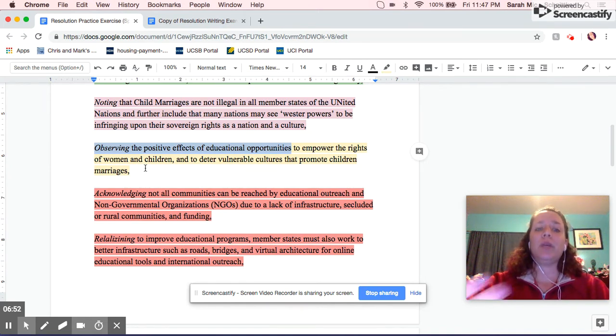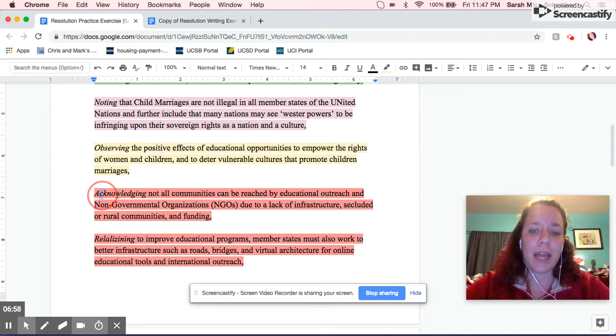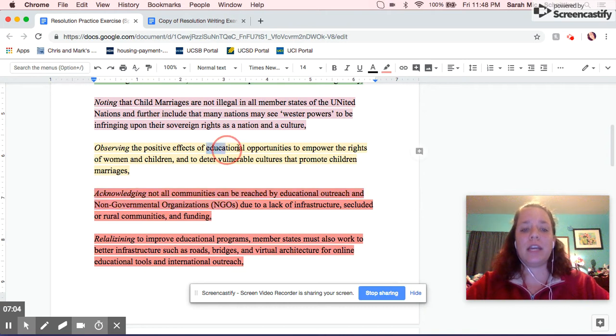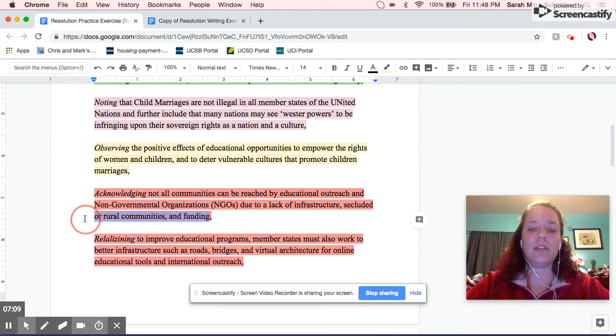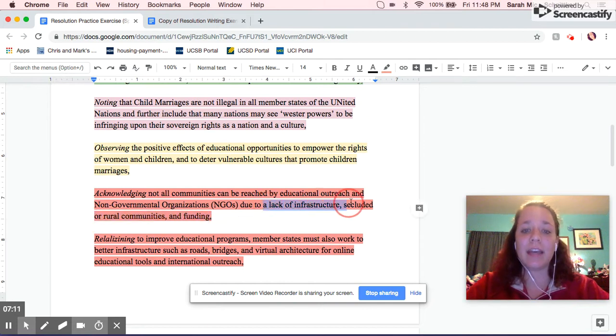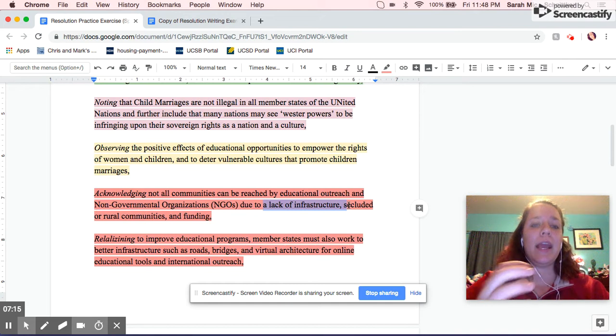So that means that we need to have preambles that address infrastructure. We have acknowledging not all communities can be reached by educational outreach and NGOs. This is a whole separate point from just education. What we're talking about here is rural communities, vulnerable populations, a lack of infrastructure. Those things are going to be incorporated in our second operative clause.